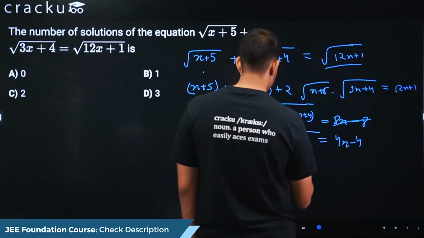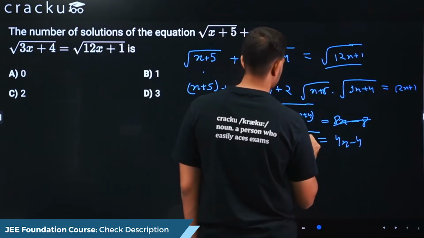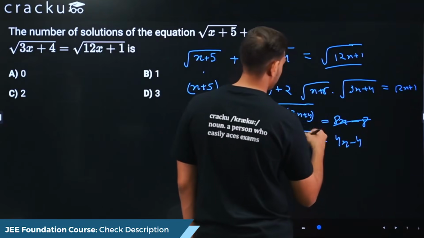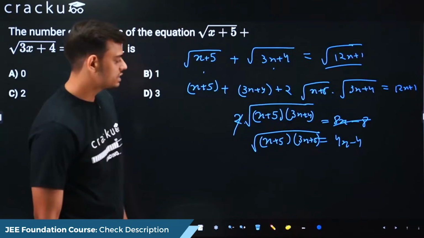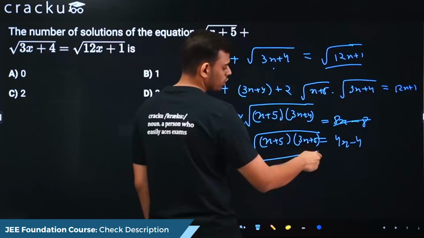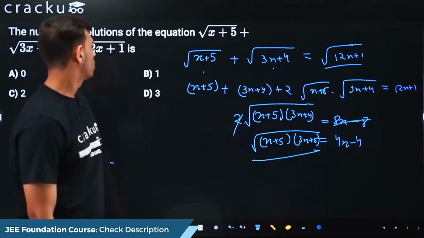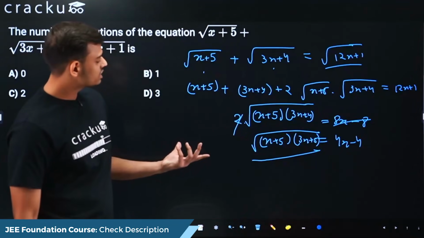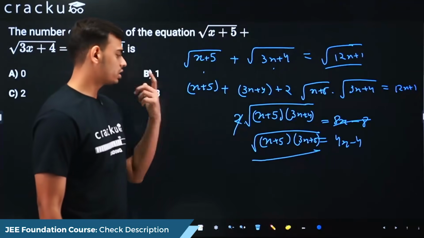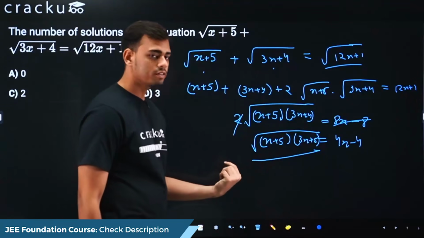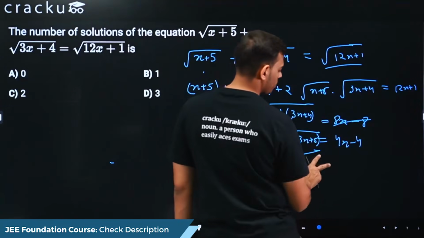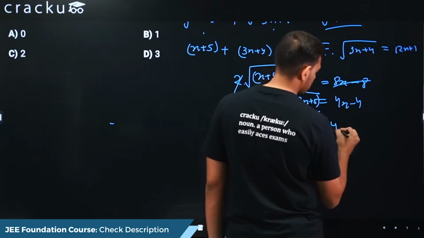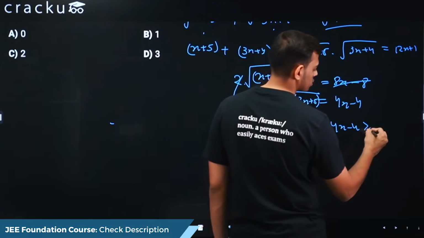Now, we need to pay attention to something very important here. The thing is that this is a square root of some real number. If it is the square root of some real number, then it should be non-negative. So 4x minus 4 is greater than or equal to 0.